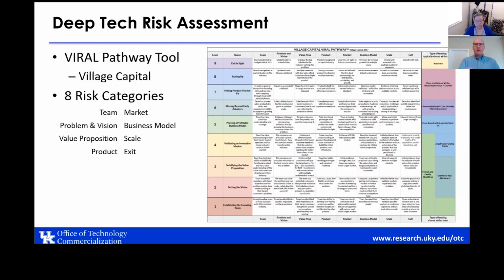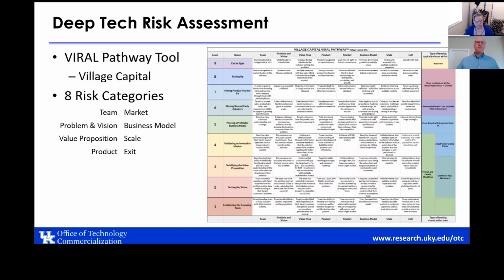Along the top and the bottom are the headings for the risk categories, and they identify 8 different risk categories on the VIRAL tool. You can Google this tool and it'll come up for you. The 8 categories are team, market, problem and vision, business model, value proposition, scalability, the product, and your path towards an exit.